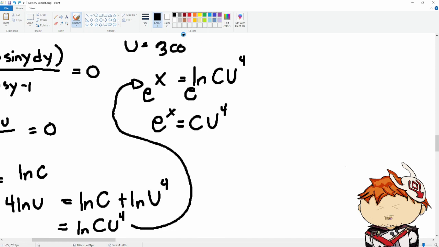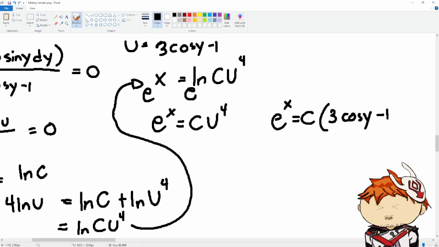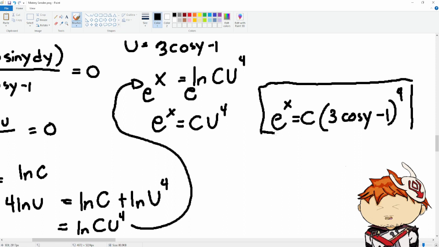So the final answer will be e to the x is equal to c (3 cosine y minus 1) to the 4. Alright, this is now your final answer.